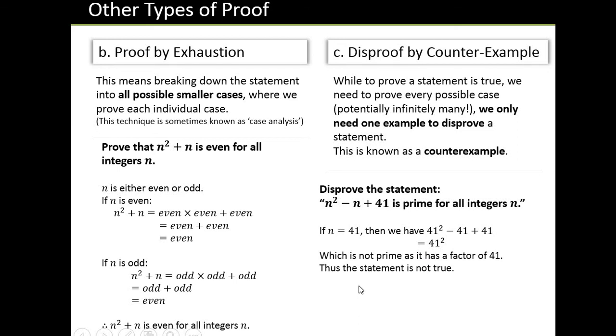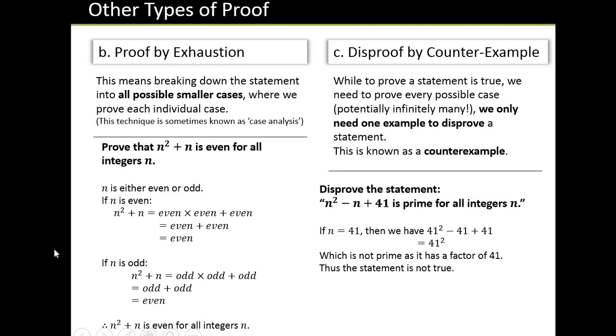I've got to tell you what that is, haven't I? It's 1,681, of course. And we know 41 is a factor, which means 41 squared cannot be prime, so thus the statement is not true. So disproof by counterexample is really easy. You only need to show it doesn't work just for one particular case.